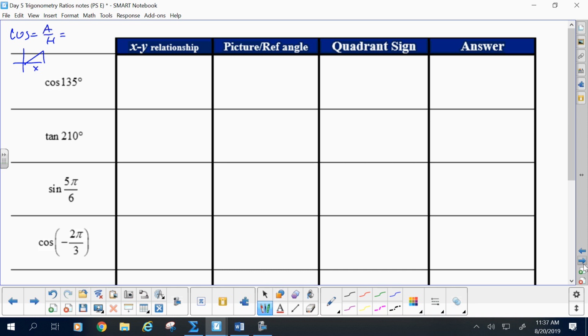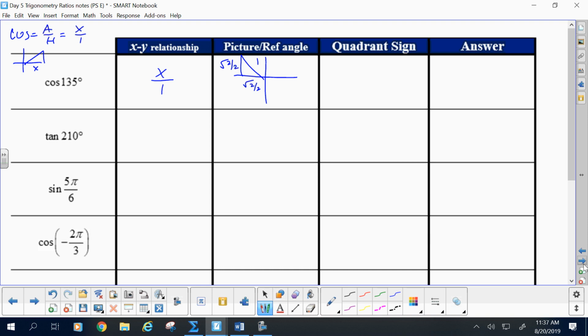So when you do cosine, you should be thinking x over 1, because the hypotenuse in the unit circle is always 1. So in terms of xy relationship, think x over 1. The reference triangle for a 45-degree angle is root 2 over 2, root 2 over 2, 1, yeah?